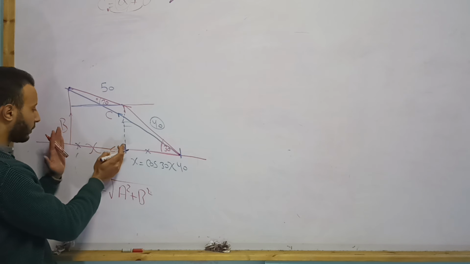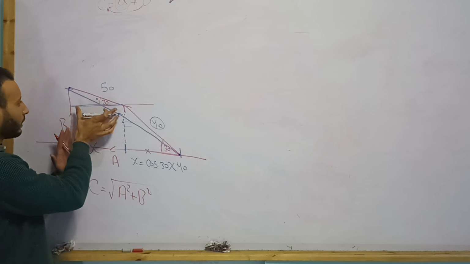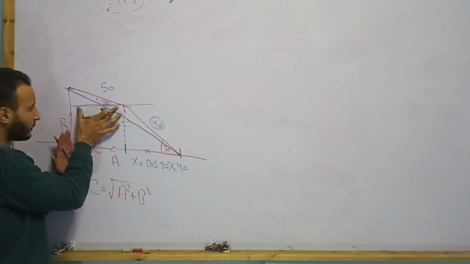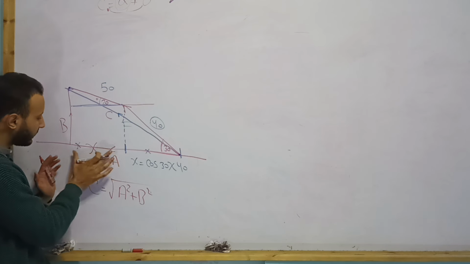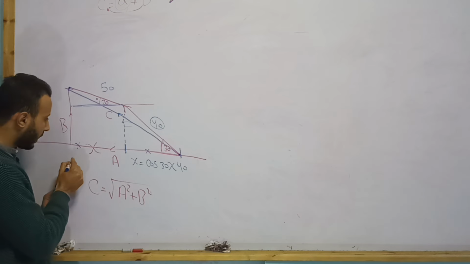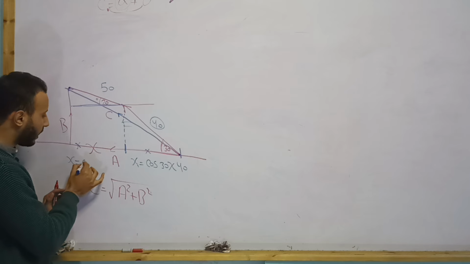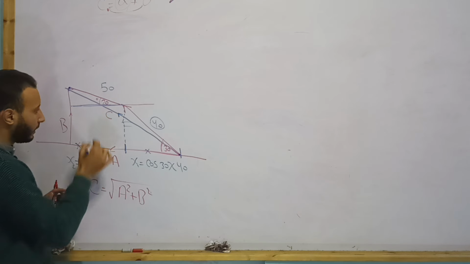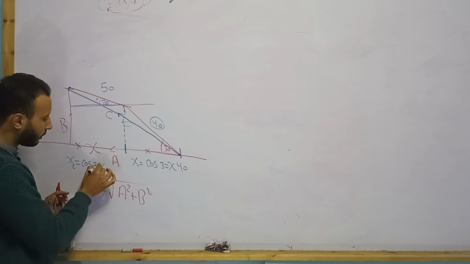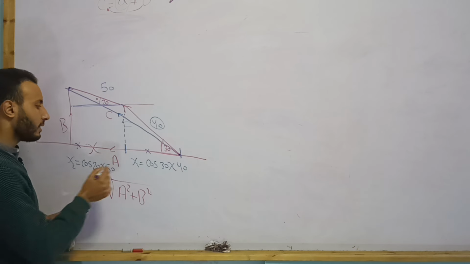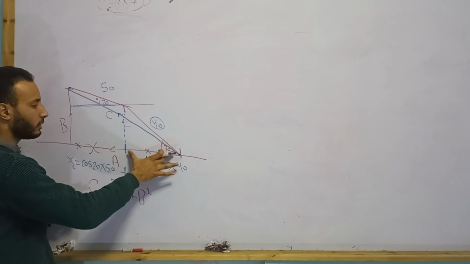The other part, from this part to this part, I'll get the x component of this vector, which is this part. And this part is equal to this part. So this part is equal to x or another x. So this is x1, this is x2, for example. X is equal to cosine the angle, which is 20, times the vector 50. Okay? And then get the summation between this part and this part.